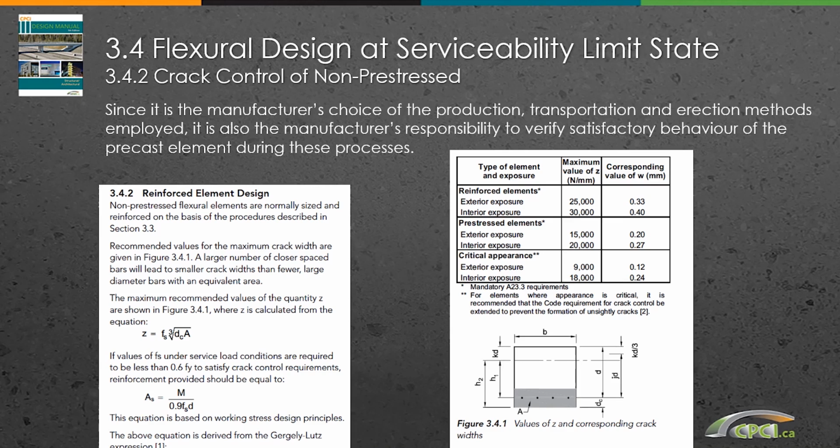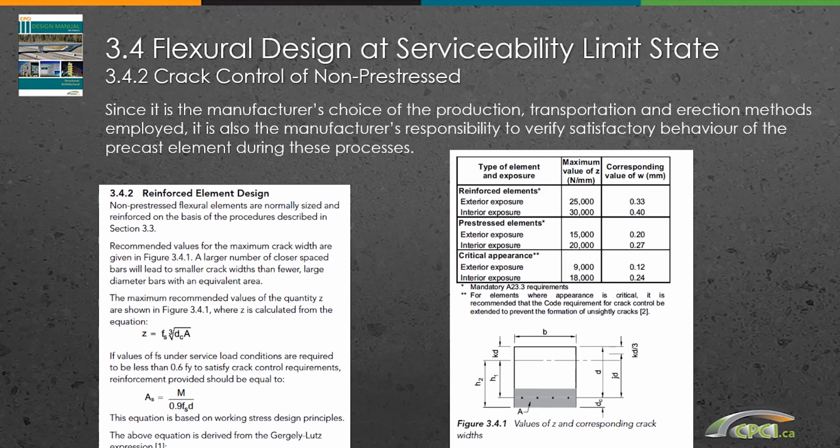So essentially, in serviceability limit state, we need to check the crack width using the old formula here that calculates the Z value. And you can see that, depending on the location of the element in the structure, are they exposed or not exposed? Are they interior or not interior? Are they pre-stressed or not pre-stressed?